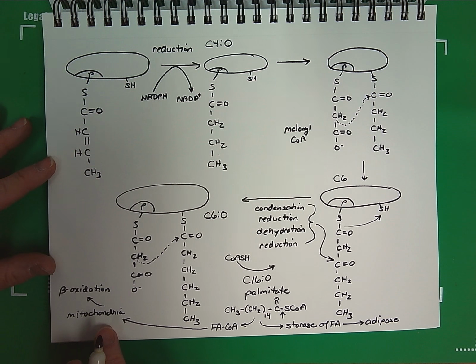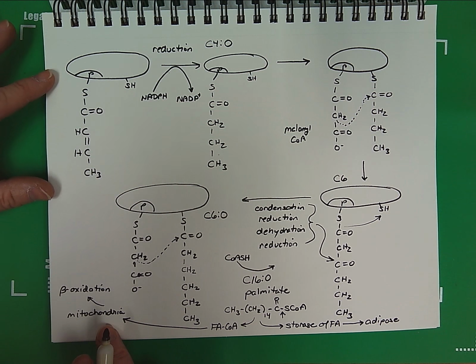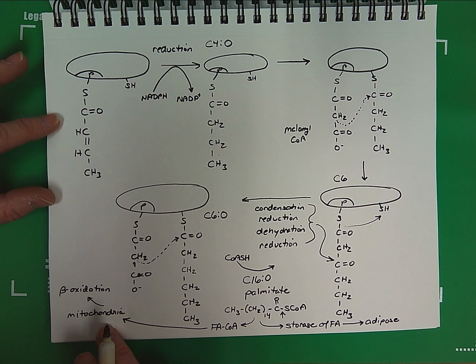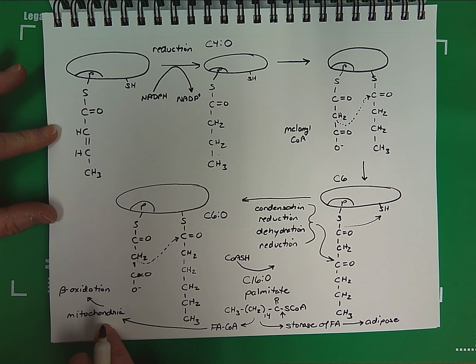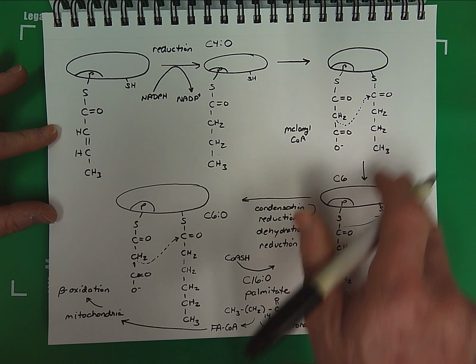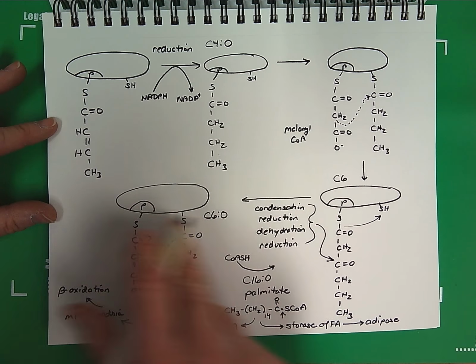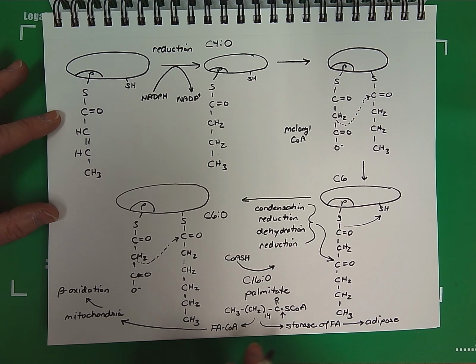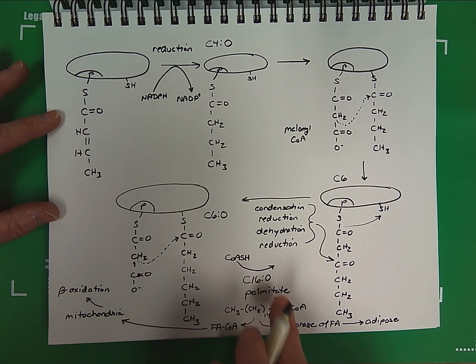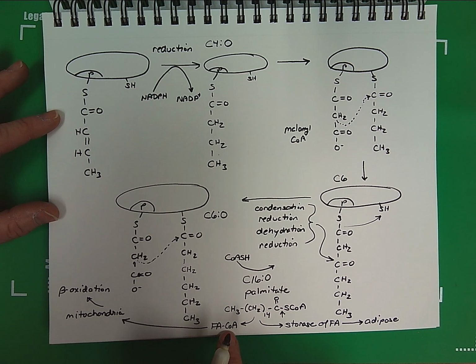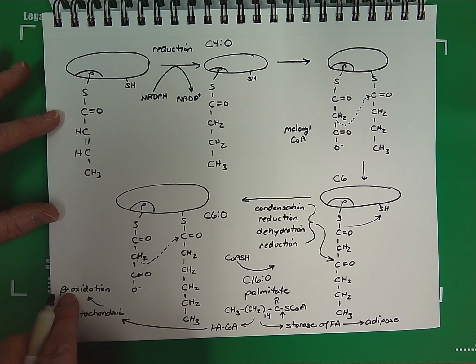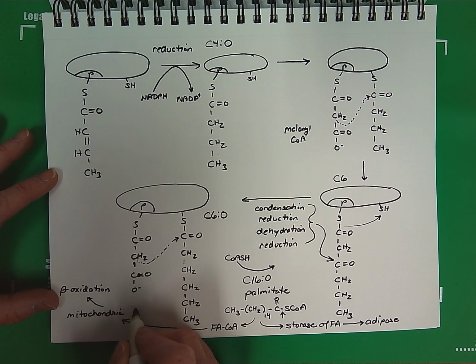Picture if this happened. We would have our acetyl-CoAs coming down the pipe from glycolysis and the pyruvate dehydrogenase reactions being delivered to the cytoplasm, being used in these repeated rounds of fatty acid synthesis so that we generate a large fatty acid molecule, C16, only to turn around to deliver it into the mitochondria by the carnitine shuttle.